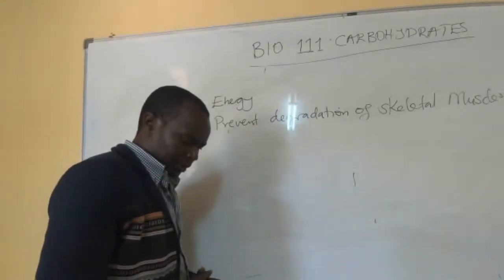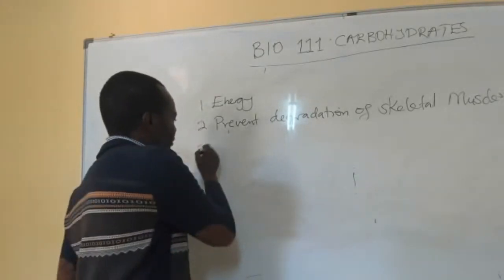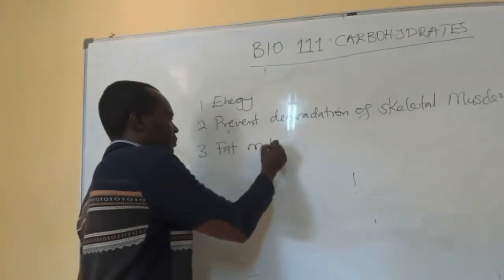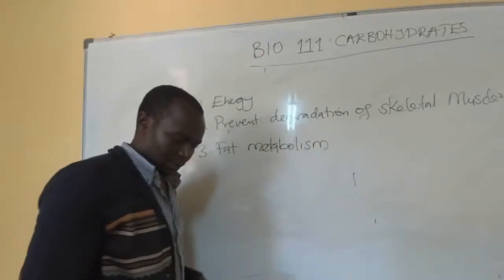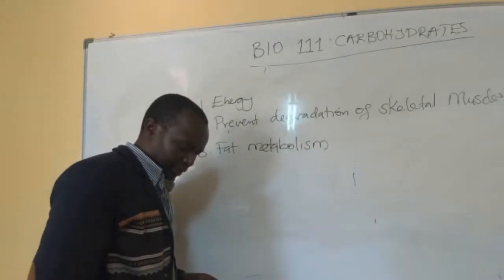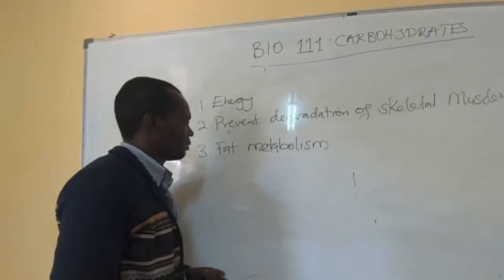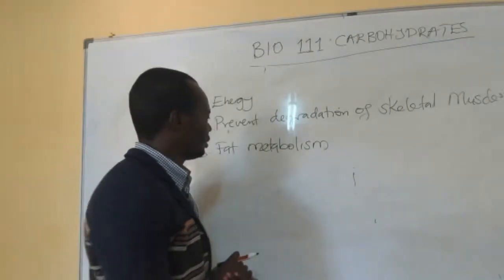These carbohydrates also help with fat metabolism. They help in fat metabolism, meaning if the body has enough energy for immediate use. Remember, the preferred form of energy in these cells is usually glucose.